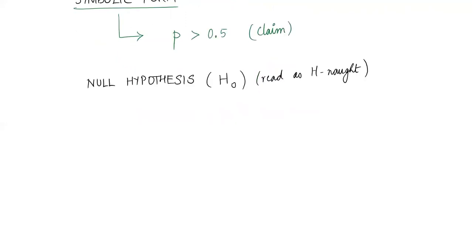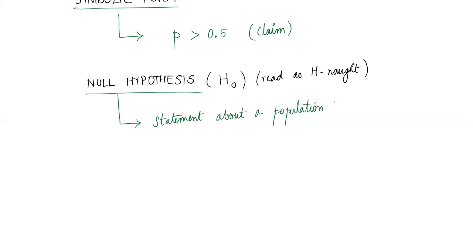Again, we're trying to put all this in a statistical sense. So this is how we define this. It is a statement about a population parameter. Remember, population parameter is a population characteristic.